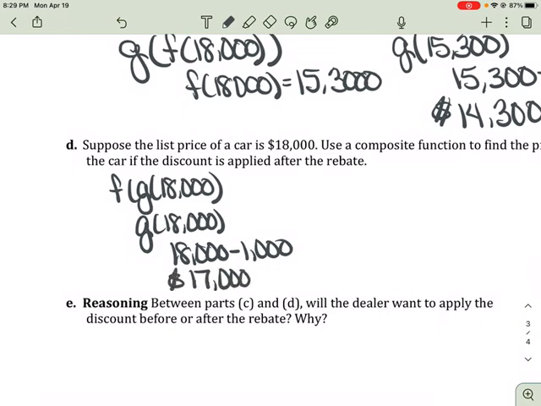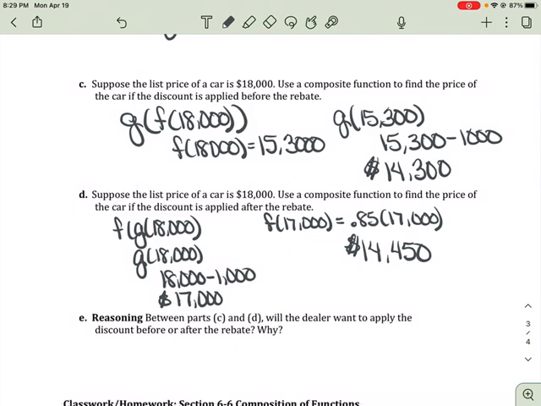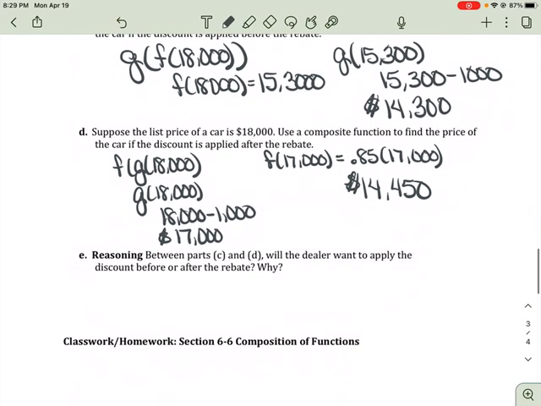That's going to give us $17,000. So then we're going to find f of 17,000. So that's going to be 0.85 of 17,000: $14,450.